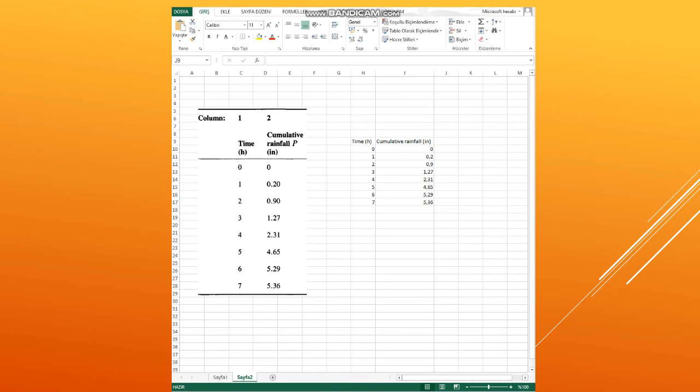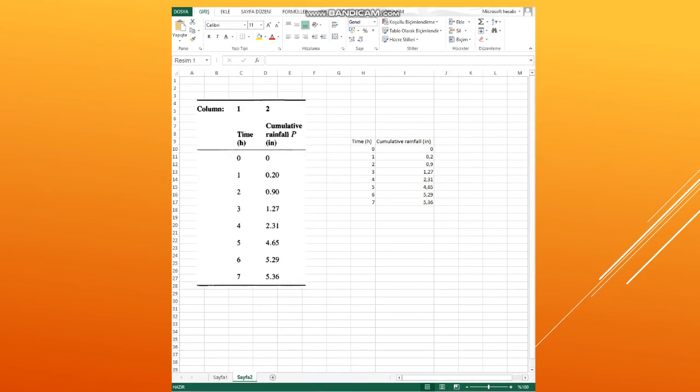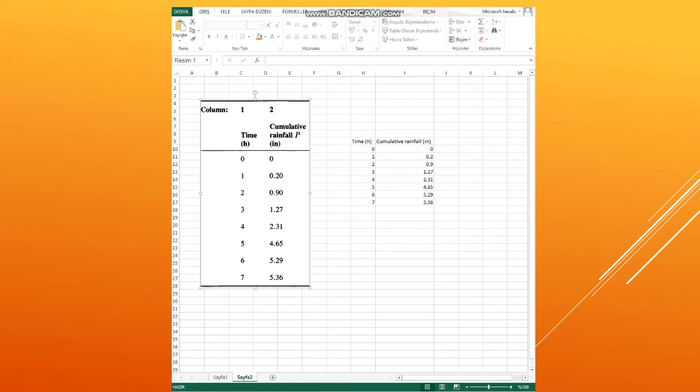In this question, I already put the table here in Excel, and I just wrote down all the times and cumulative rainfall, the first and second columns of this table.